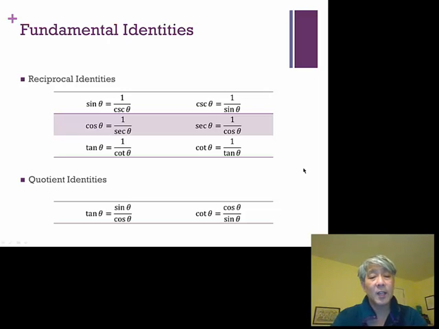And the fact that the tangent theta equals sine theta divided by cosine theta, I think that one's important because there's a lot of times that we're going to need to convert tangent theta to sine theta and cosine theta just so we can simplify our trigonometric algebra. Okay, so remember that one, okay? Tangent theta is also equal to sine theta over cosine theta.